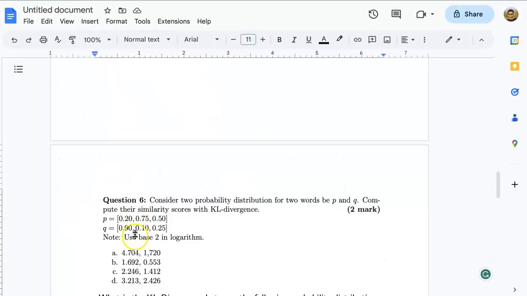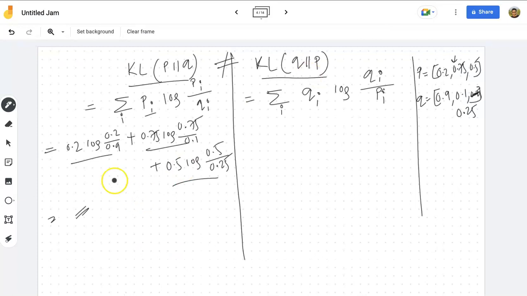Here, have they said anything? Okay, they have said use base 2 for logarithm. So this is base 2. We'll get the value. Similarly for Q, the first Q is 0.9.